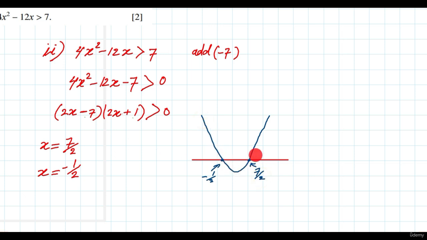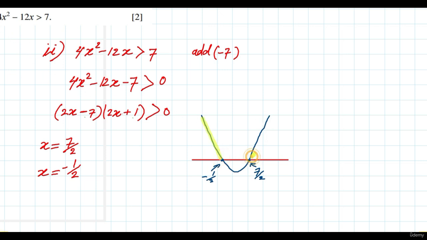If you look at this curve, you see that this is the x-axis, and of course below the x-axis represents the negative side of the function. The values are negative here, down of the x-axis. However, above the x-axis, it represents a positive value for the curve or for the function.